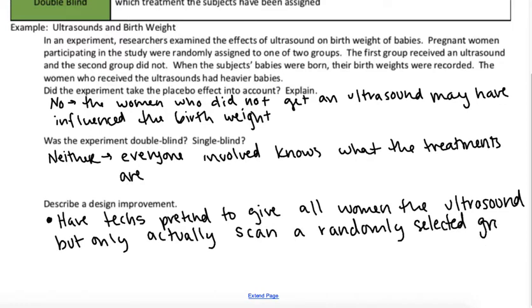So this would take into account the placebo effect. Now the women wouldn't know what group they're part of. That would help us at least create a single blind study, and that would also be by not telling the women what group they're part of.